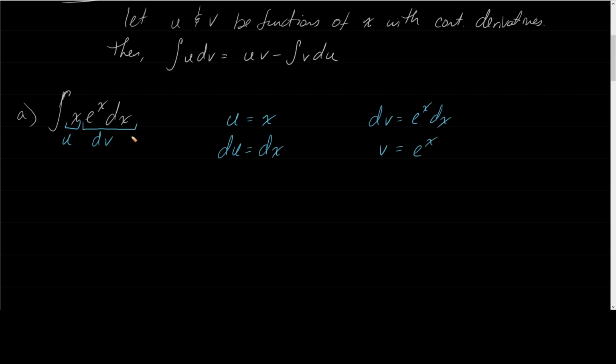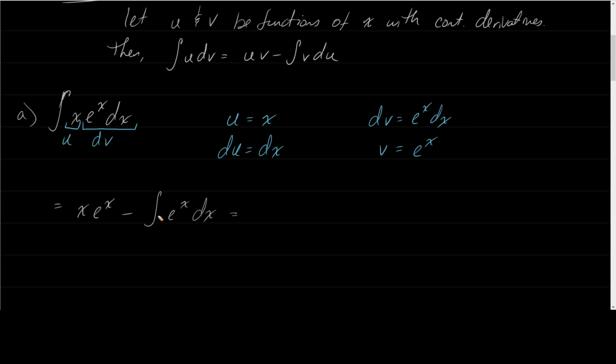Now we can use our integration by parts formula. This integral is equal to uv, so x e to the x, minus the integral of v du.